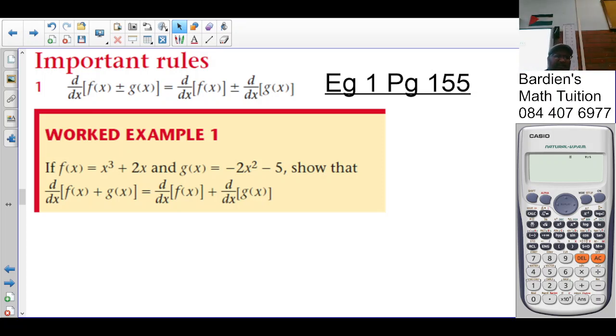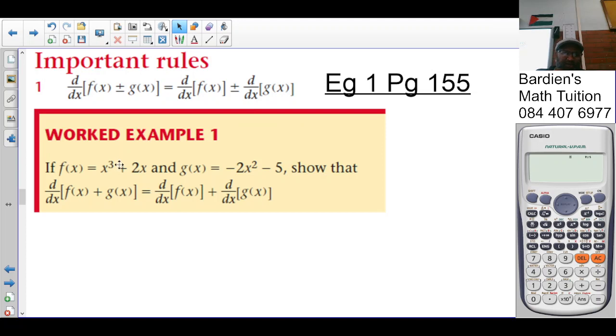So, here we are told the first important rule is that the derivative of f of x plus or minus g of x, so two functions where either the sum or the difference is taken, is equal to the individual derivatives: the derivative of f of x plus or minus the derivative of g of x.